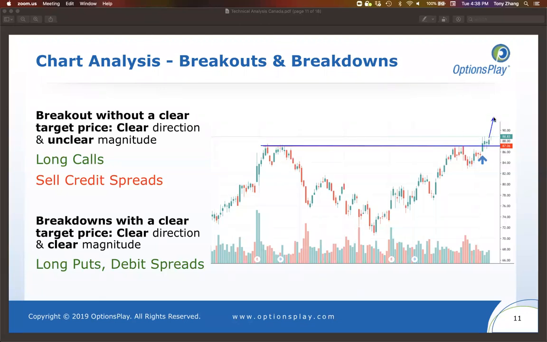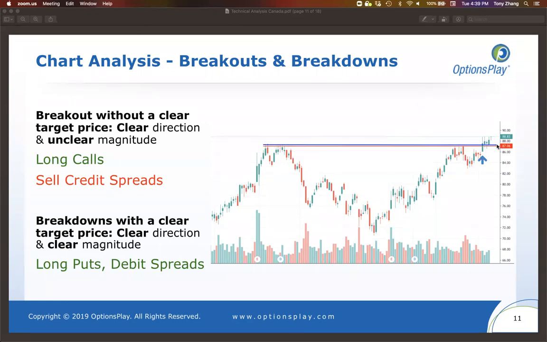If you think the stock might just move a little bit to the upside, as long as it stays above 87, you'll make money. In this type of scenario, you want to sell a credit spread. Otherwise, if you really think the stock's going to make a big move, that's when you might want to buy a call option.